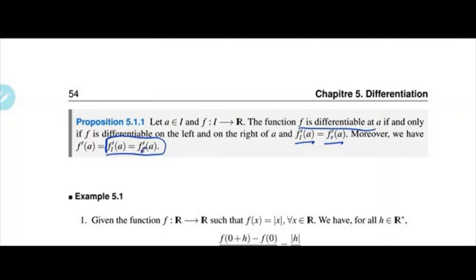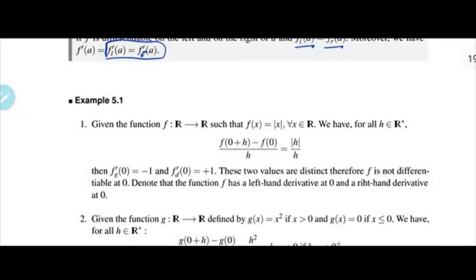Take for example the function absolute value of x. If you calculate the derivative at 0, it will be f of 0 plus h minus f of 0 over h. So this is the rate of change before going to the limit. So f of 0 plus h is the absolute value of h, minus 0, over h. Now if we go to the limit when h tends to 0 plus, so h comes towards 0 with positive values, the limit will be plus 1, the limit right.